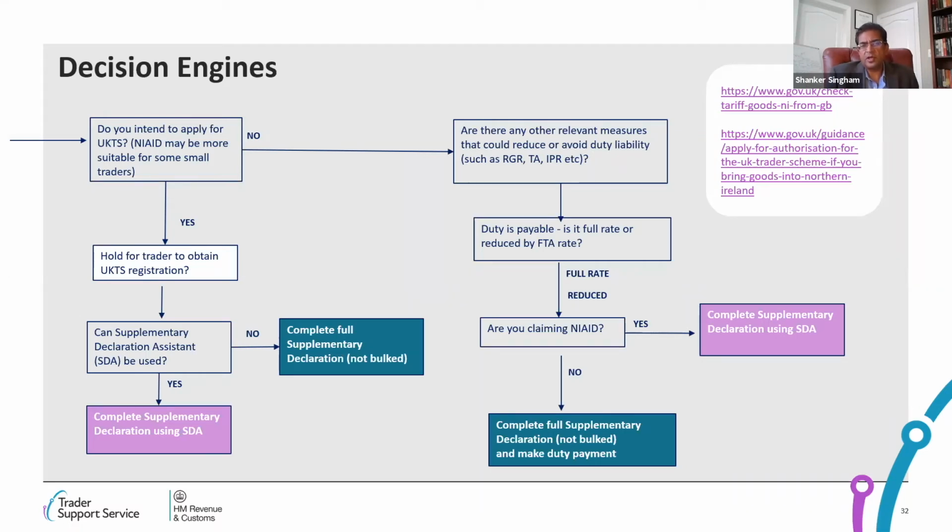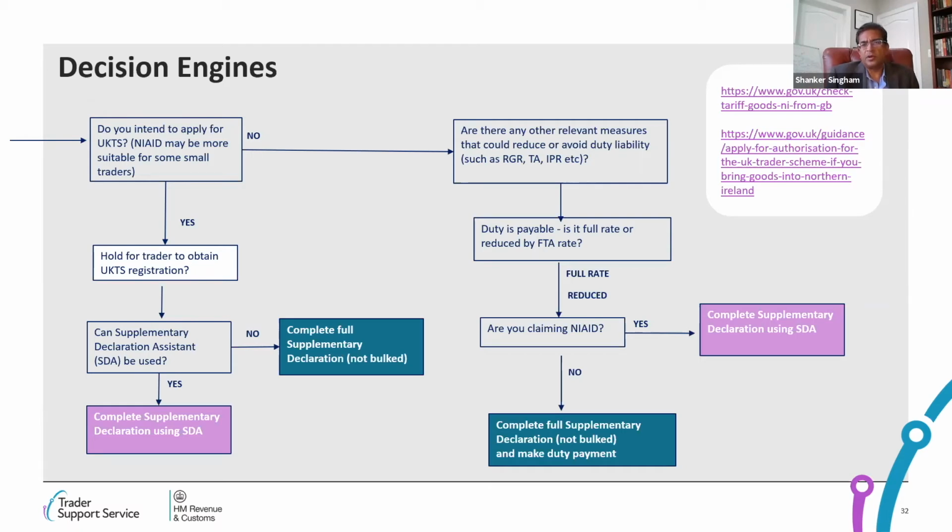So if you've got product coming from the EU in the way that I just described, and it goes into a special process and doesn't go into free circulation in GB, and it then moves on to Northern Ireland, and it finishes its journey in Northern Ireland, you don't have that secondary movement problem because it hasn't moved into free circulation in GB. And so you can often use some of these processes to ensure you're not having to pay a tariff.